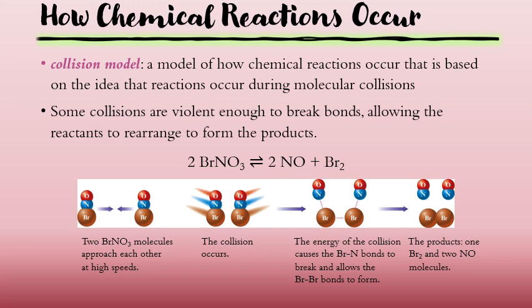So it's kicking out two bromines. And then we get a bond forming between those two bromine atoms that get kicked out. So then we end up with final products, two nitrogen monoxide and bromine. But you can see really what happens there is the bonds break in a certain way in the reactants and they form in a certain way in the products, and that's all because your reactants collided with one another.